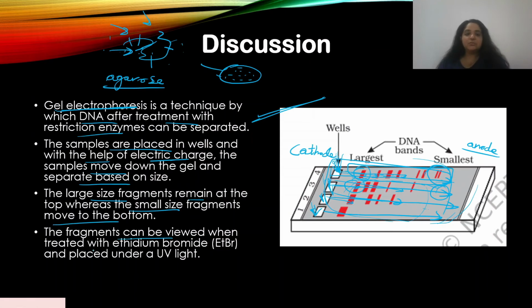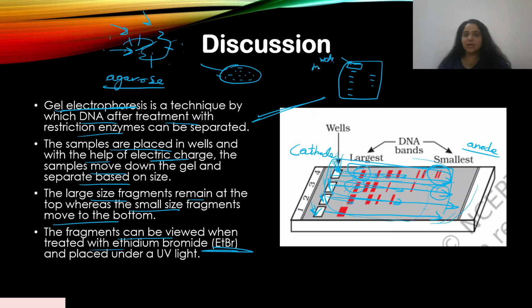And they can be viewed when treated with ethidium bromide. Ethidium bromide is actually a fluorescent dye, and when placed under UV light, you can see it glow. I don't have a real picture of it, unfortunately, but when you view them, you can take a picture of your gel so you know exactly what sizes they are. One of the wells has a marker, so you can compare.